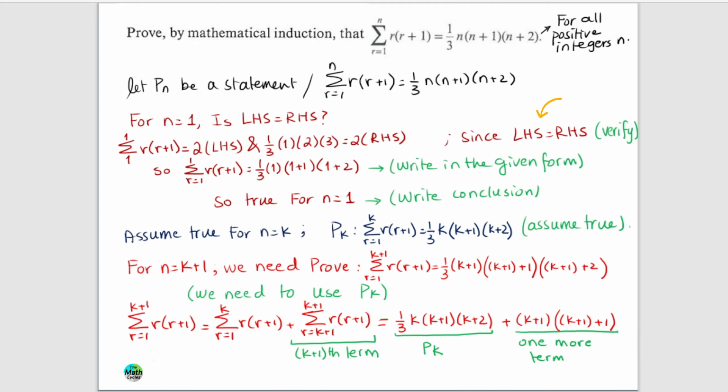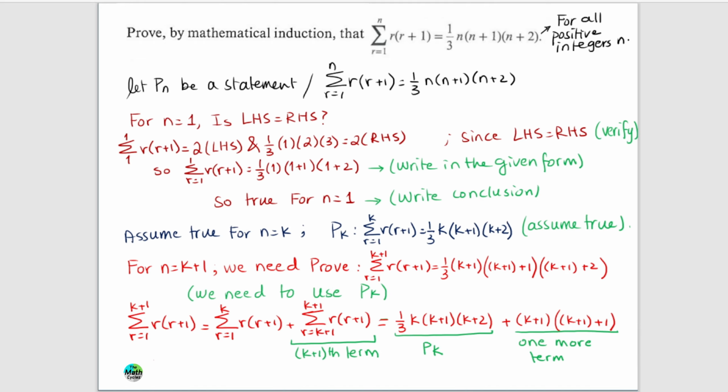Since the left hand side and the right hand side are equal, so summation of r into r plus 1 from 1 to 1 is equal to 1 over 3 times 1 times 1 plus 1 times 1 plus 2. Here I replaced n by 1 and I didn't simplify. I just kept it in the given form and then I need to state that this is true for n equals 1. If you want to get a full mark on these types of questions, you have to follow this structure.